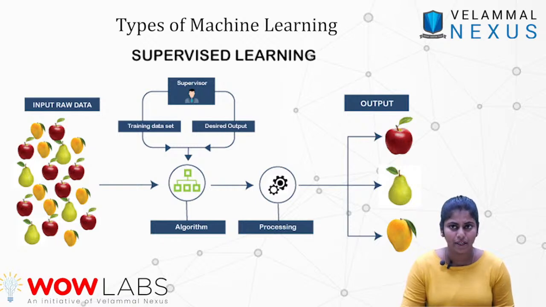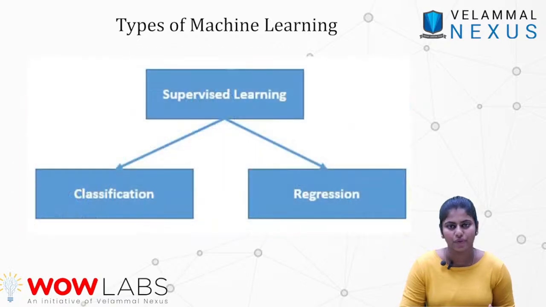For example, it can anticipate when transactions are likely to be fraudulent or which insurance customer is expected to file a claim. So, let's see what the types of supervised learning are. Supervised learning is divided into two parts: classification and regression.